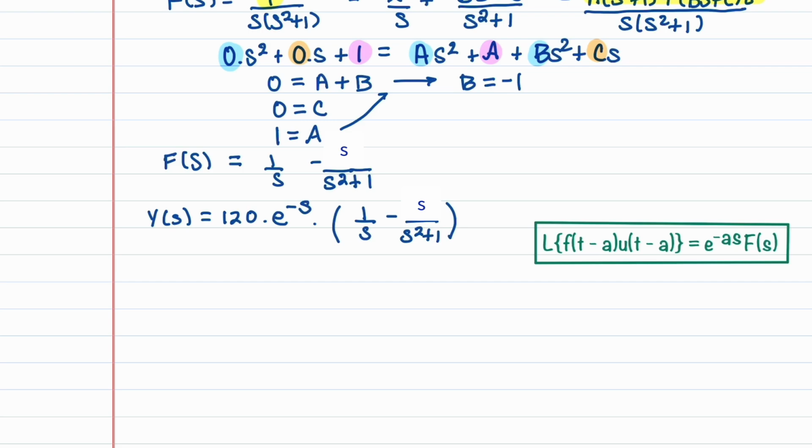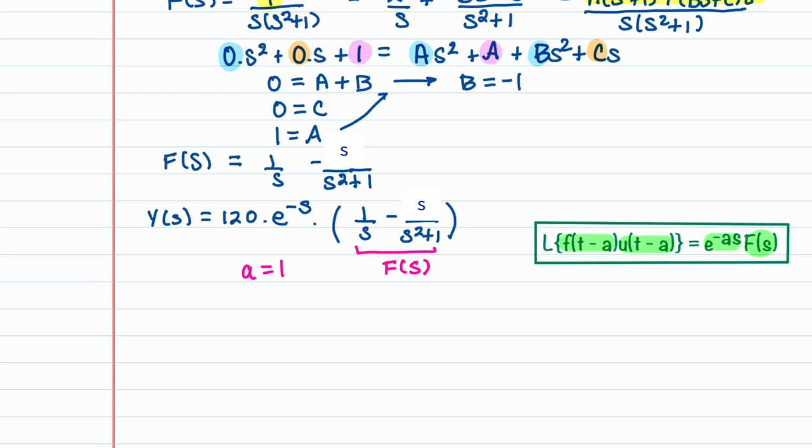I went ahead and wrote down the formula over here on the right. If we have e to the minus as times capital F of s, the inverse Laplace transform of this is f of t minus a times u of t minus a. Let's write down that a is equal to 1, and this is our capital F of s.